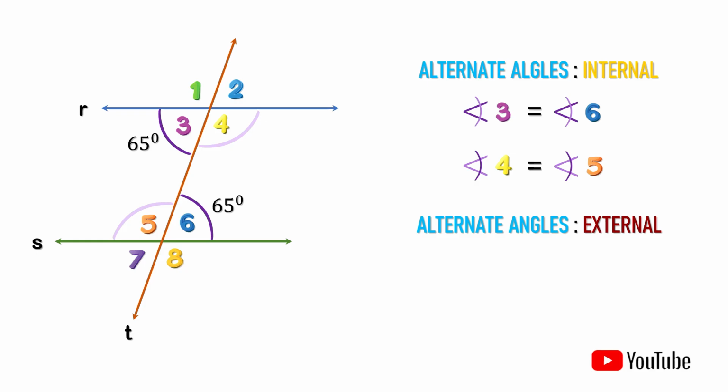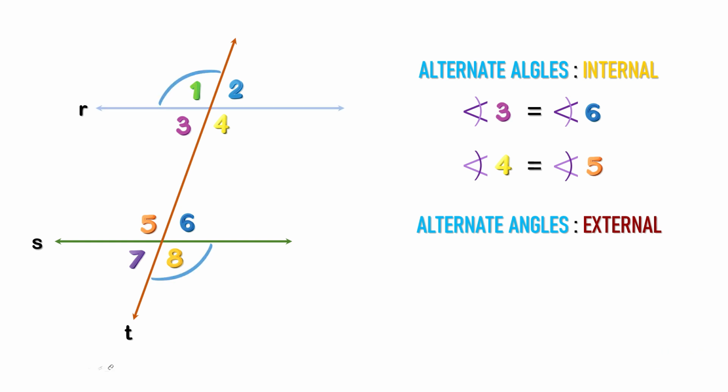Very good. On the other hand, alternate exterior angles are satisfied if they are outside the parallels and if they are on opposite sides of the transversal. Now, what is the key property? Just like alternate interior angles, if the lines are parallel, then the angles are equal, meaning they have the same amplitude.